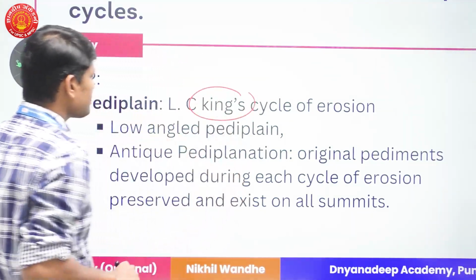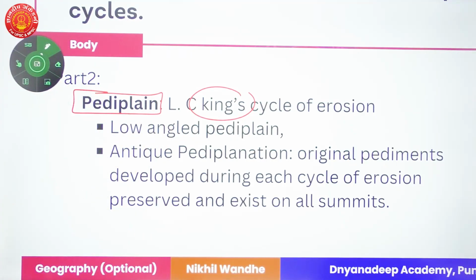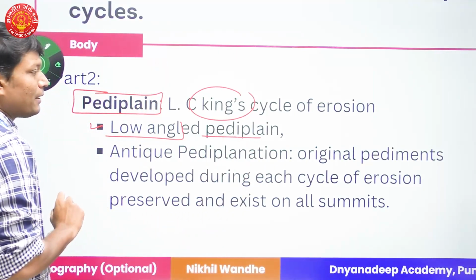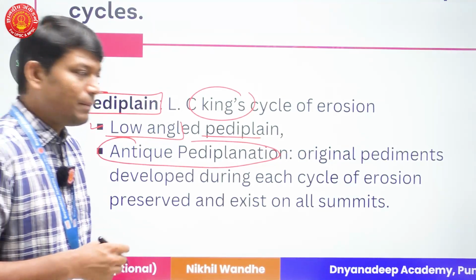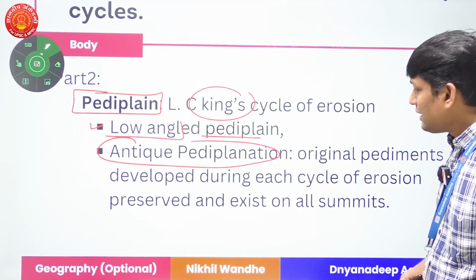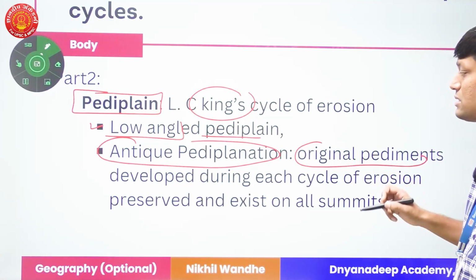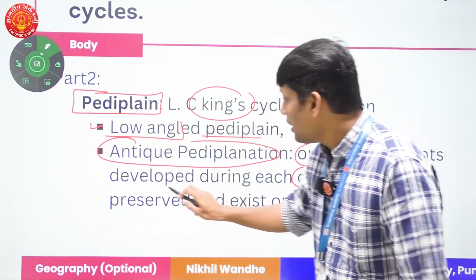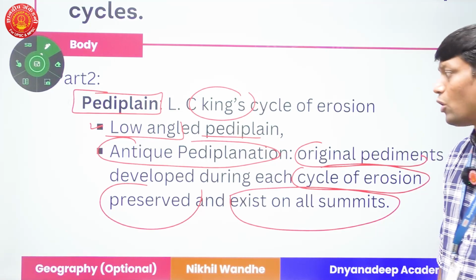In King's cycle of erosion, King talks about an erosional surface called the pediplain. A pediplain is again a low angled plane, right? We also find that there are some antique pediplains. The pediplains which have formed long ago, and these antique pediplains, these are the original pediplains or original pediments which have developed during each cycle of erosion and have been preserved, and they can be found existing on all of the summits.